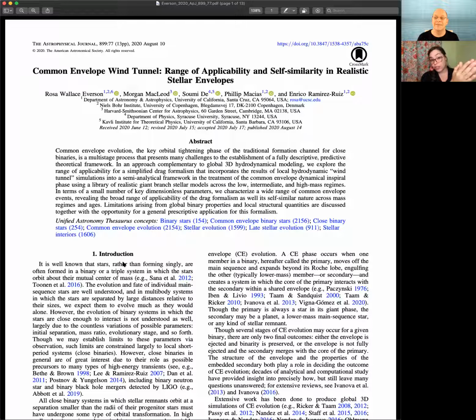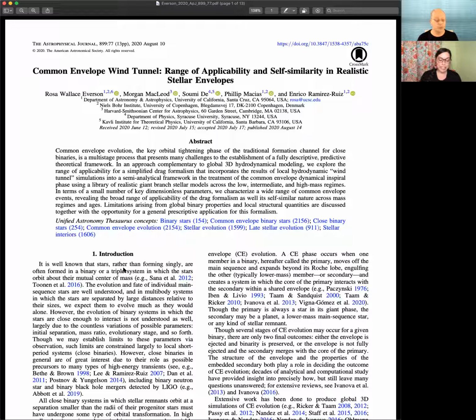Because we are not actually looking at some of the standard structural values we're used to. There are specific dimensionless quantities that go with the wind tunnel drag formalism. Okay, so that's the general background here.